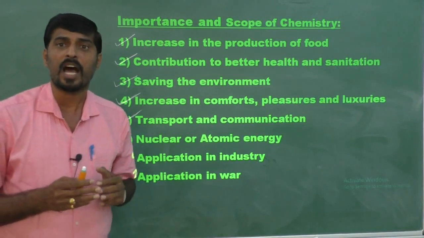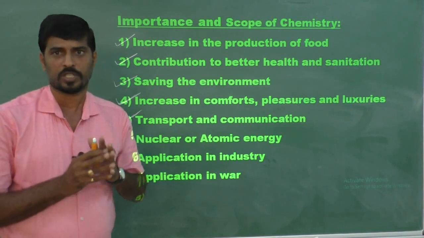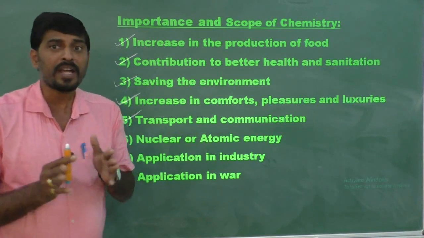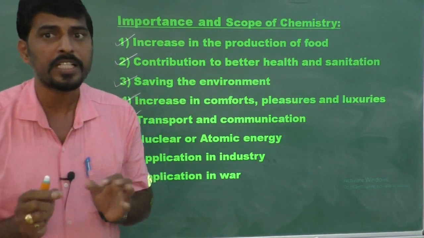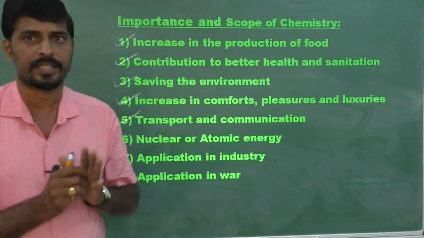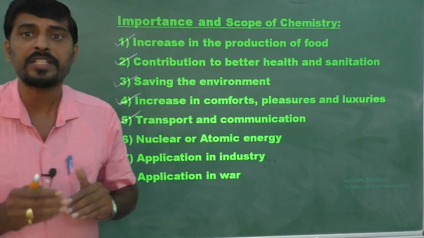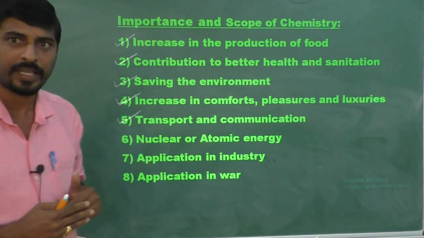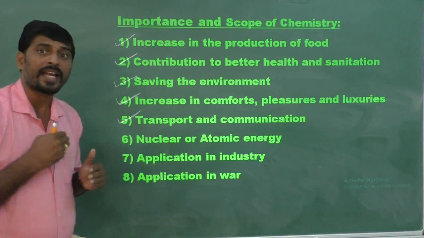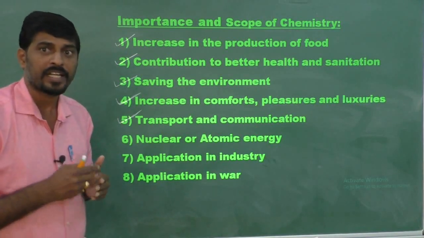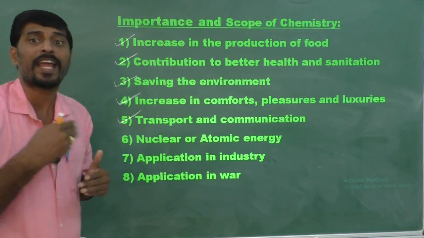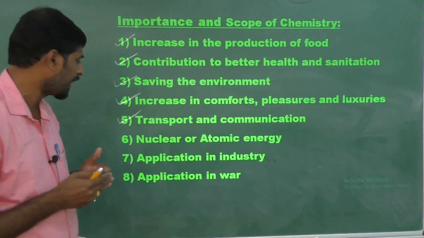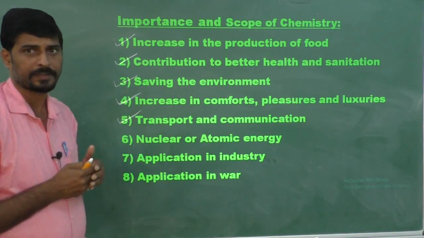Now all these are non-renewable sources. One day or the other, the world will face a serious problem, that is an energy crisis. Here chemistry came to the rescue, that is by using a radioactive element in a nuclear reactor, electricity is generated, and that is called a nuclear power plant.